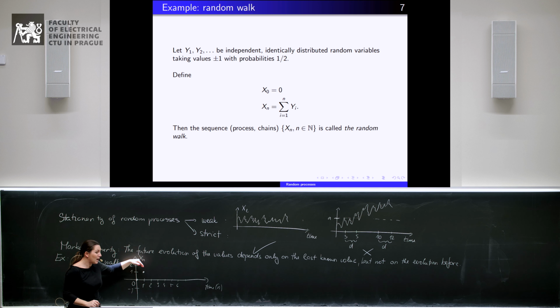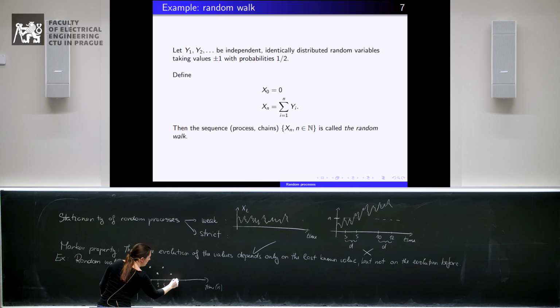With probability 1/2, we will fall down to 0. So let's say that we jump up. In the next step, with probability 1/2, we jump, and with probability 1/2, we will fall down, and we will continue in this way in the whole evolution of the process.